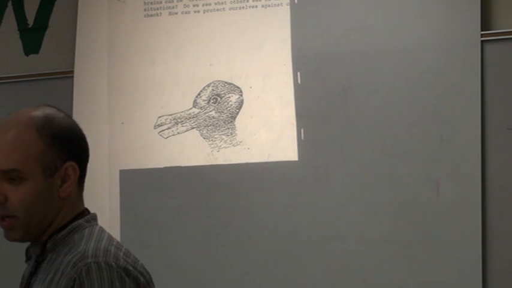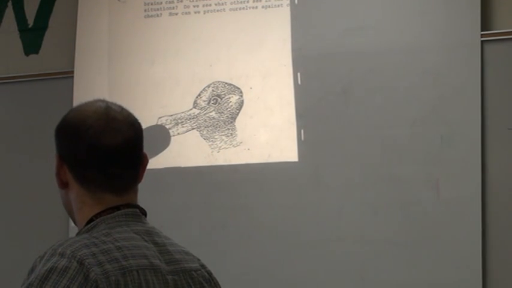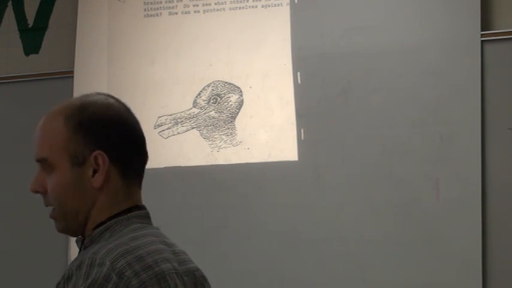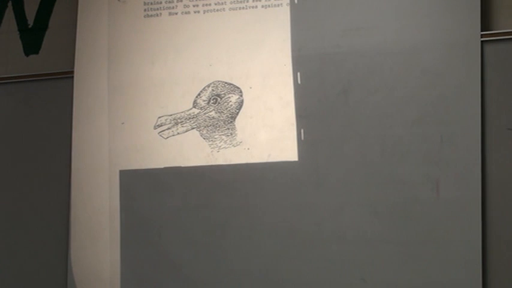So, I'm not sure how you see a bird, but there's a duck, and I see a rabbit. I don't see the rabbit either. I don't understand. How can a duck be a rabbit? A duck and a rabbit are very different things. A duck cannot be a rabbit. It's an optical illusion.